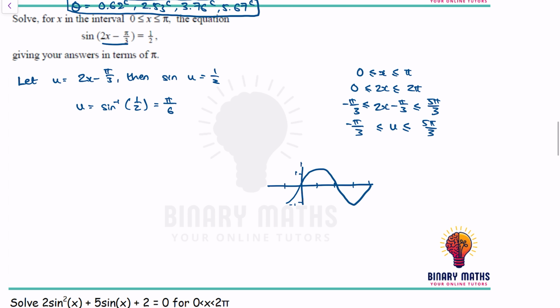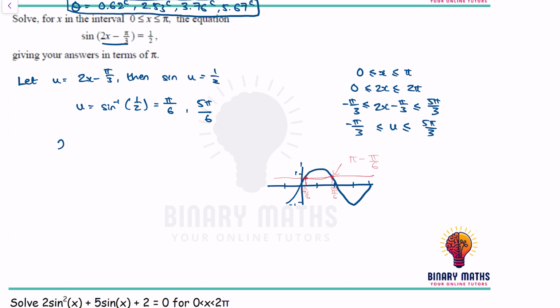So we're looking for half. Half is somewhere here, let's say. Then we only have one other point we need to find, which is here. We know this is pi over 6, which means that is pi take away pi over 6, which is equal to 5 pi over 6.